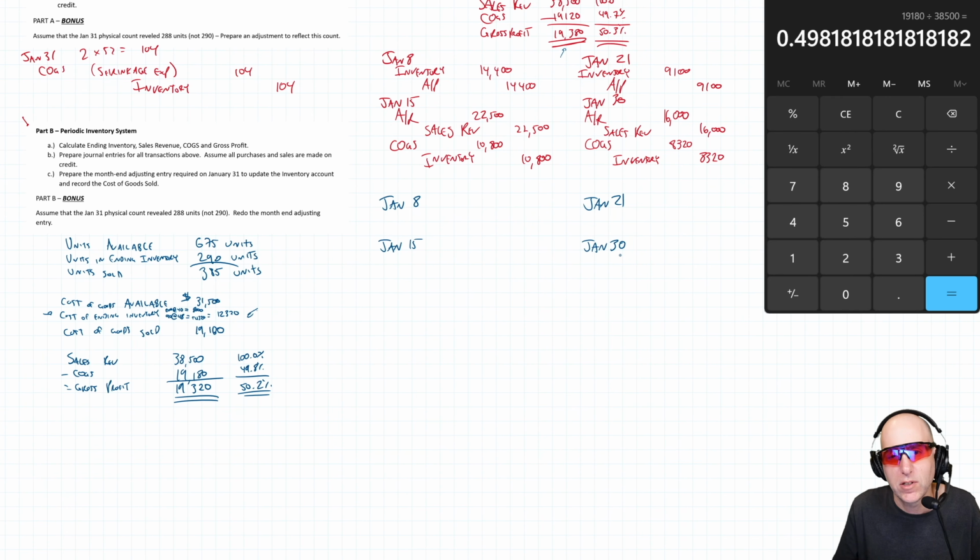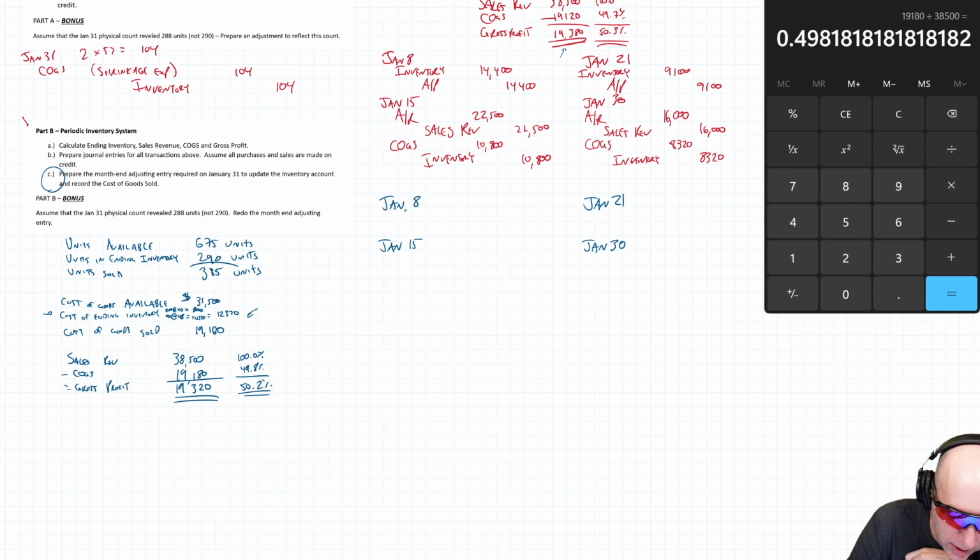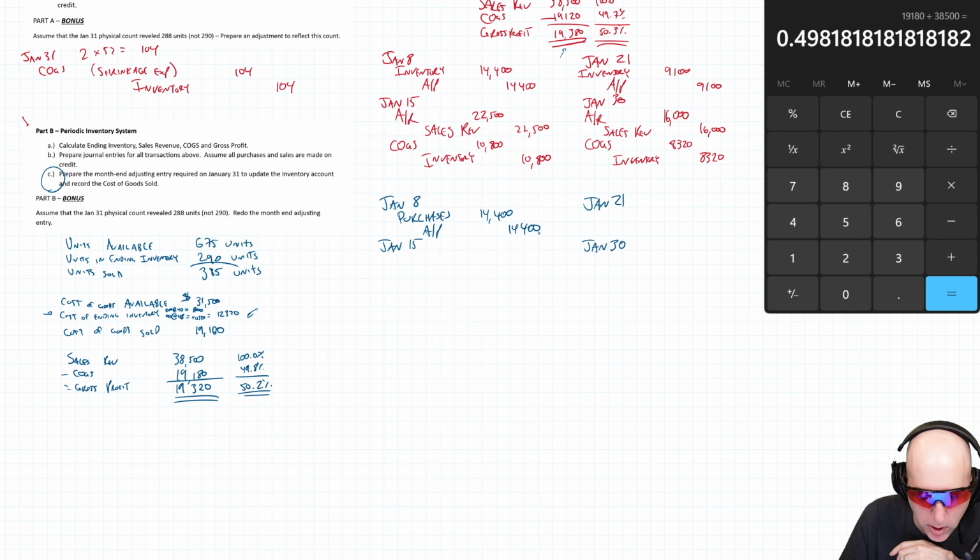We only touch inventory in adjustments at the end of the period. Well, Part C will be touching inventory then. So when I make a purchase, I don't debit inventory, I debit purchases. I do credit AP, and the amount is just the same as up above, 14,400, the amount I purchased.